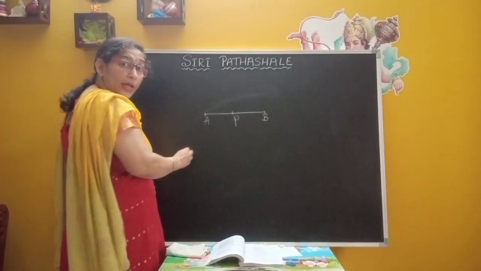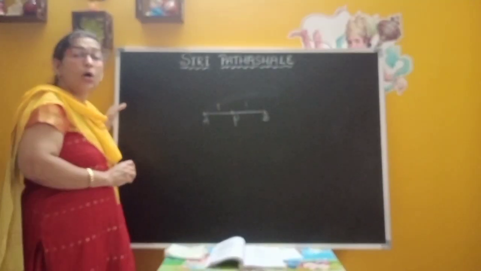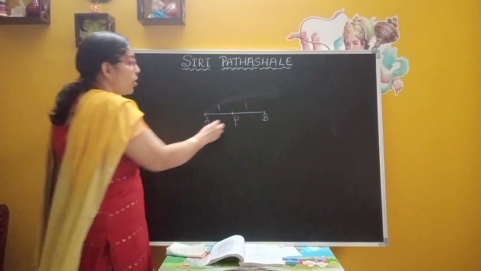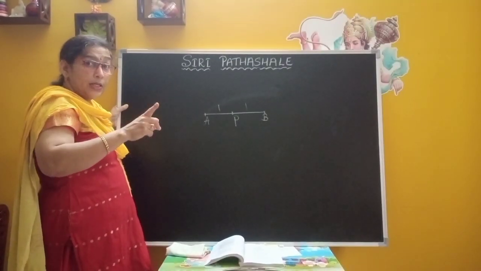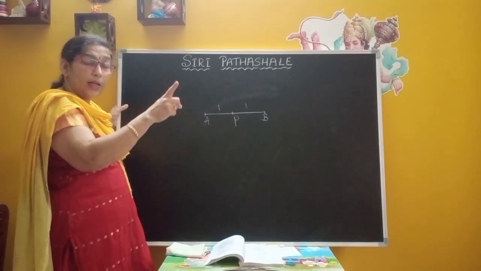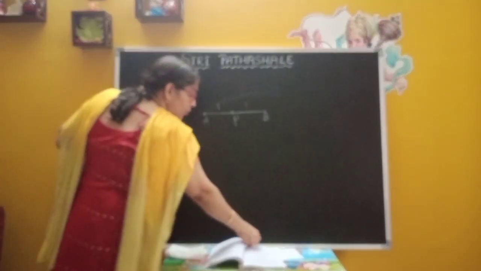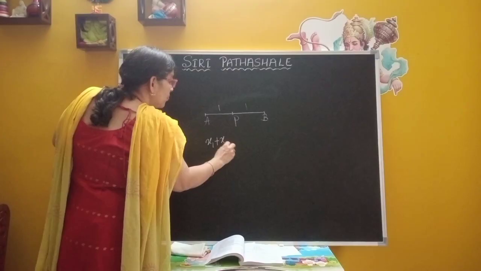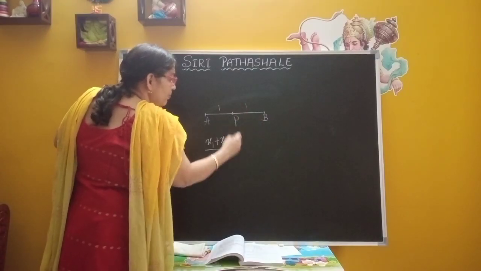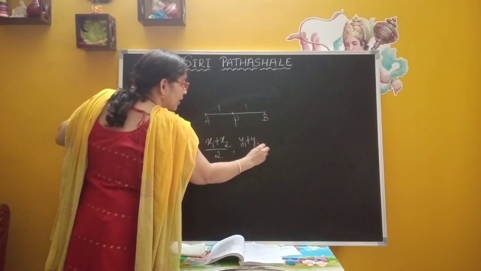That means what would be the ratio then? Here 1 is to 1. Then how do we find the coordinates of this midpoint? If you substitute 1 and 1 in m1 and m2, m1 also 1, m2 also 1, then we get the formula: the coordinates of the point P are x1 plus x2 by 2, and the other y coordinate is y1 plus y2 by 2.